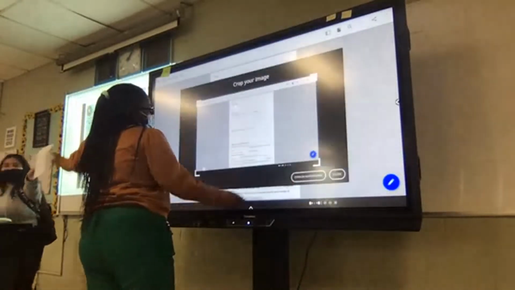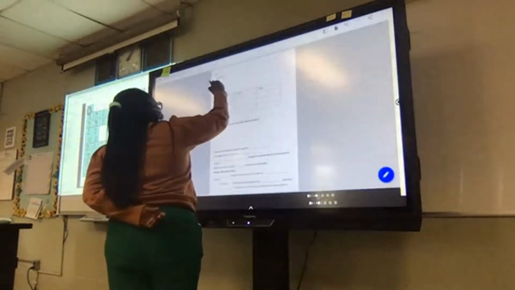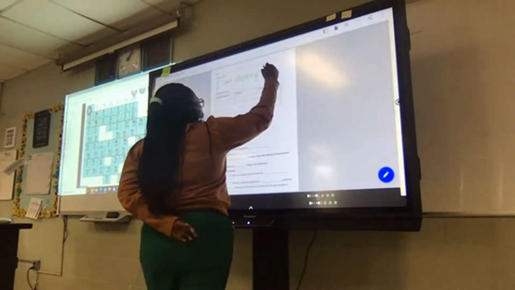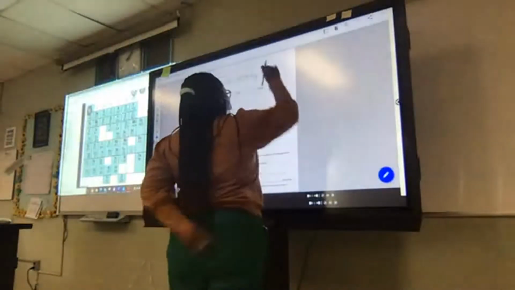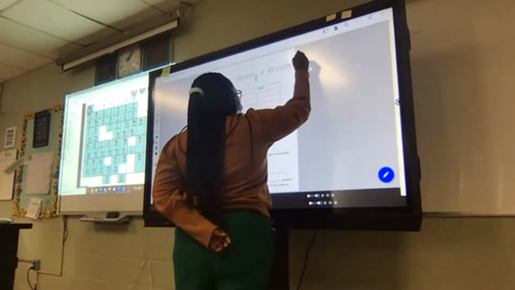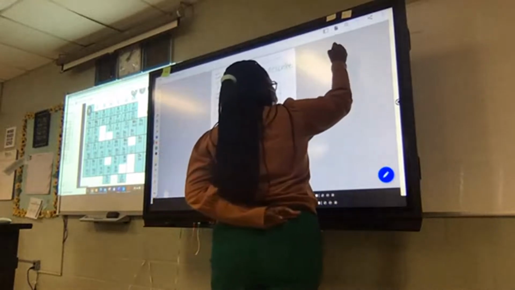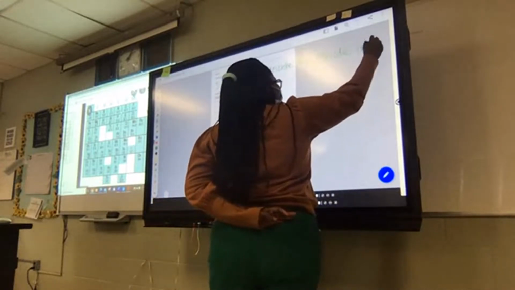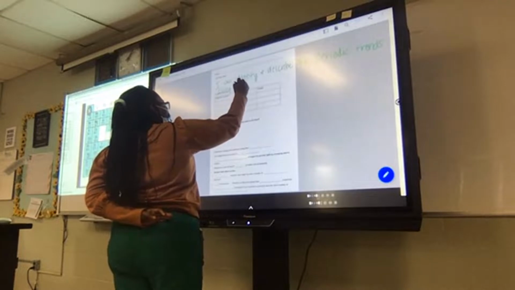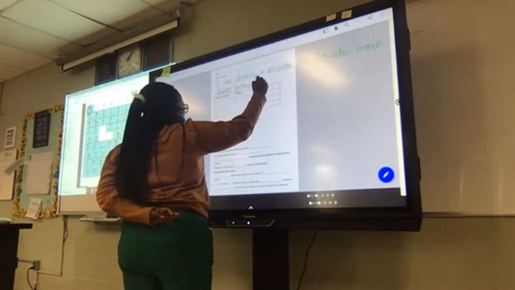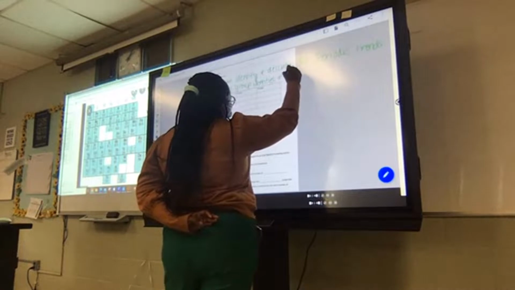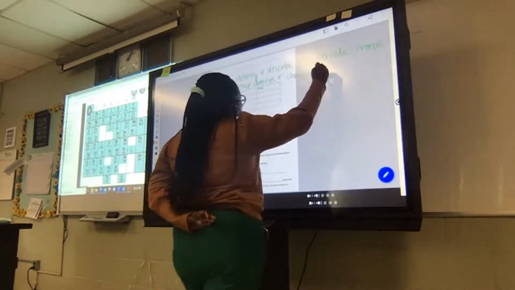The learning target for today is: I can, please put your name on this, I can identify and describe the periodic trends using group identities and characteristics.